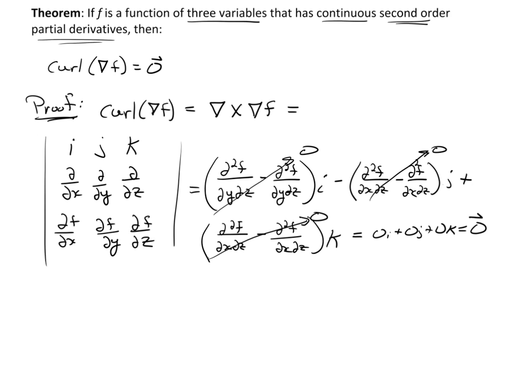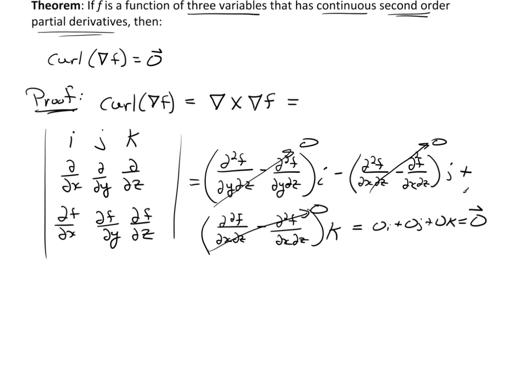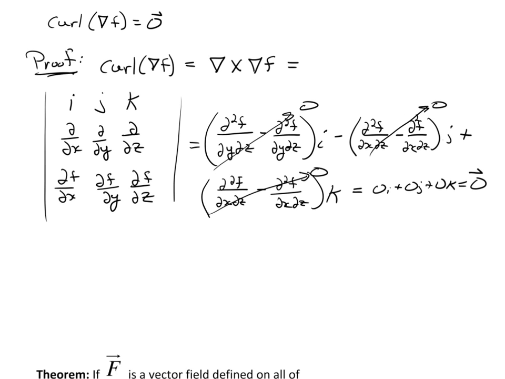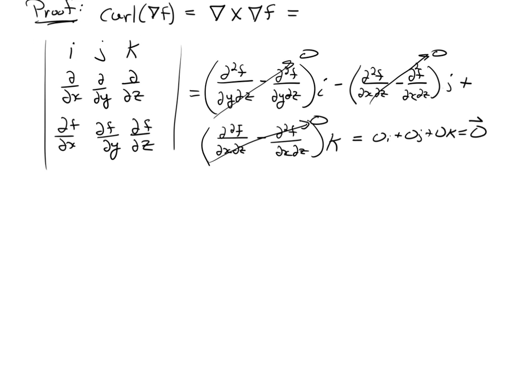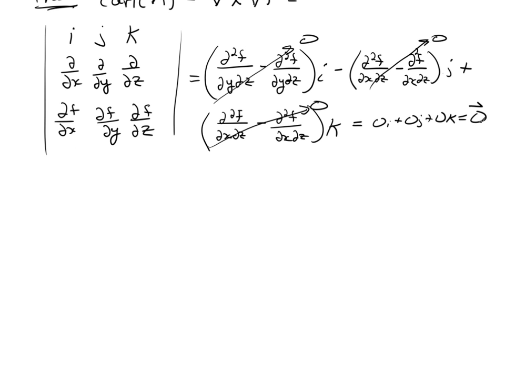Now, recall that a conservative vector field is a vector field such that we can write the vector field as being equal to the gradient of some function f.